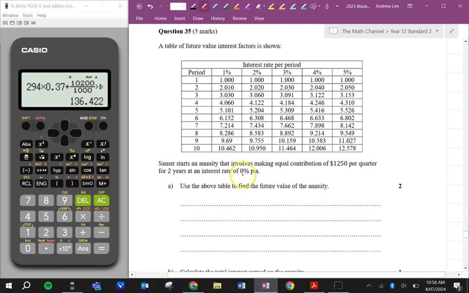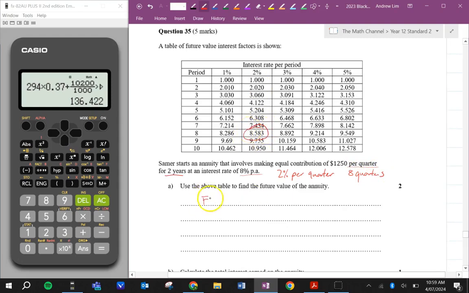So we've got 8% per annum, but it's per quarter, so that's 2% per quarter. 2 years is equal to 8 quarters, times it by 4. So we've got 2% and 8, which is this.